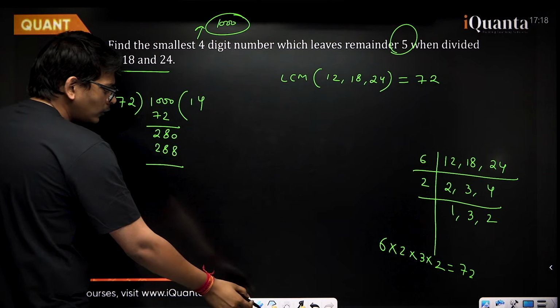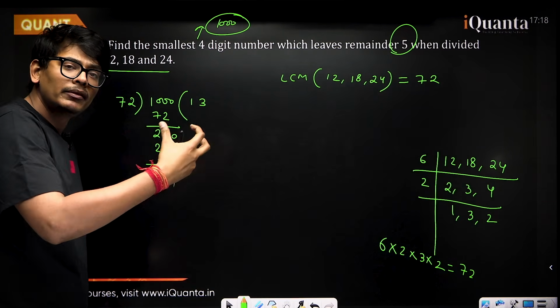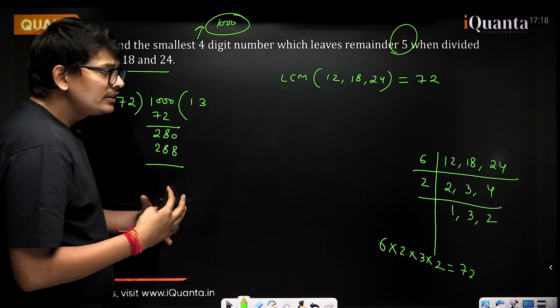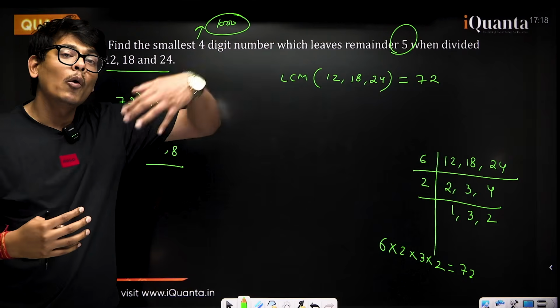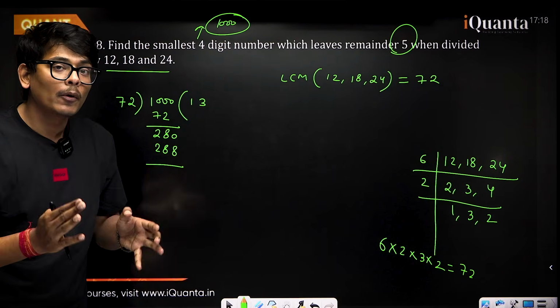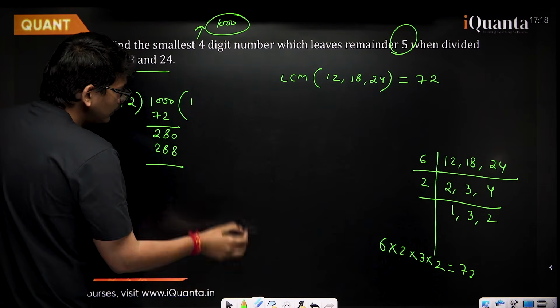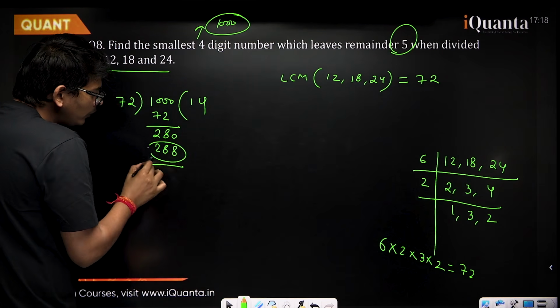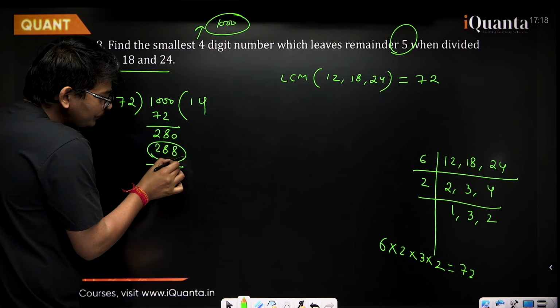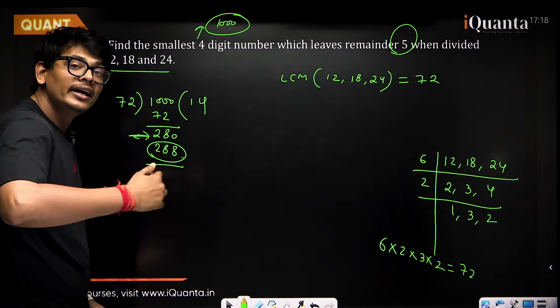And if I look at 3, that number will be less than 1000. But obviously we have to find a number which is more than 1000, right? Not less than 1000, because we have to find the smallest 4-digit number. So we got to know there is 8 extra. I need 8 more because this number contains 280, but I need 8 more.